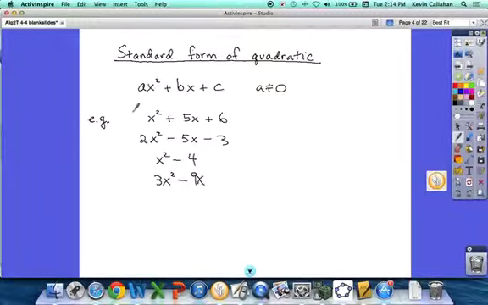Now, the most terms you can have in a quadratic is 3. Because if the highest power term is squared, the next term could be an x to the first and then a constant, and there's no more room to have any more terms. When you have 3 terms, that is called a trinomial.